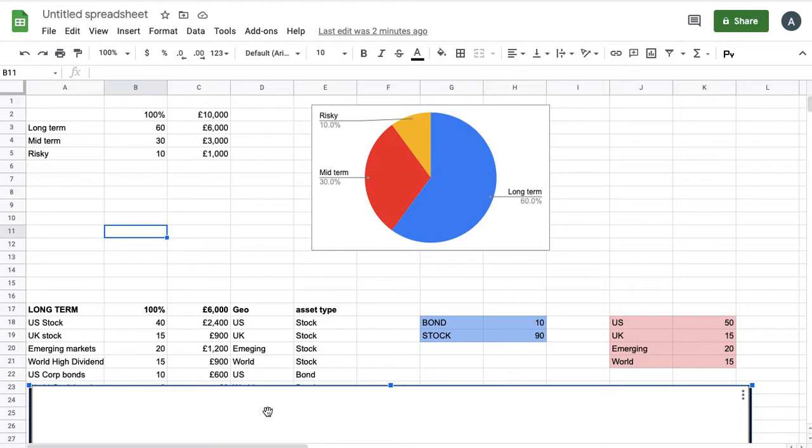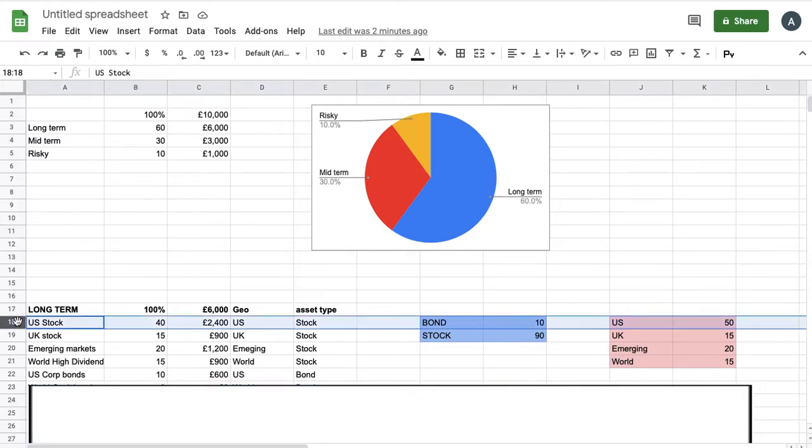So, coming back to long-term investment, the way you need to go about it is just think what you believe in. So for me, as you can see from this table, I think, okay, the US economy is quite strong.